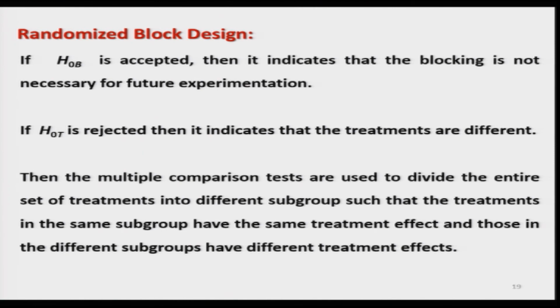So, now in case you have taken a decision for the null hypothesis for the block effects and treatment effects, there are two possibilities: that either or both these hypotheses are going to be accepted or not. So, if they are not accepted, obviously you will try to choose the multiple comparison test appropriately, and you will try to divide this population into different blocks, right.